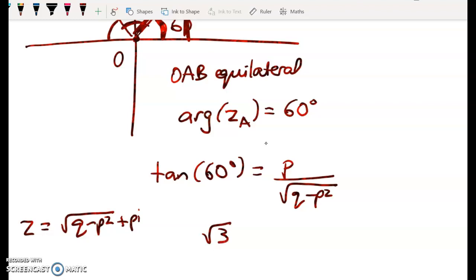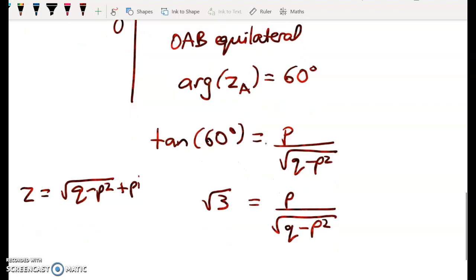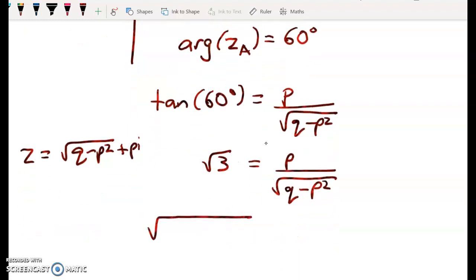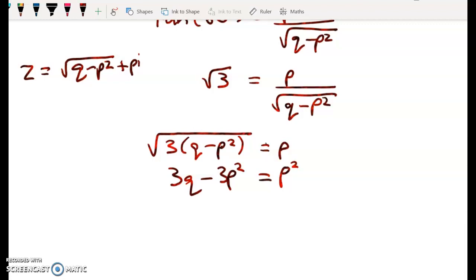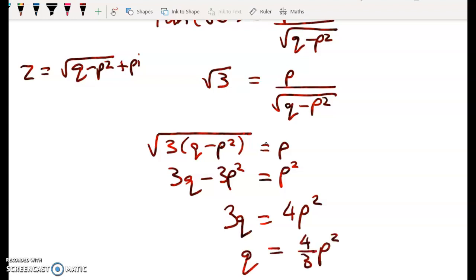Solving that, tan of 60 is root 3. And rearranging this now gives me the square root of 3 times root Q minus P squared is equal to P. Squaring both sides, 3Q minus 3P squared gives me P squared. 3Q is equal to 4P squared. So Q must equal 4/3 of P squared.